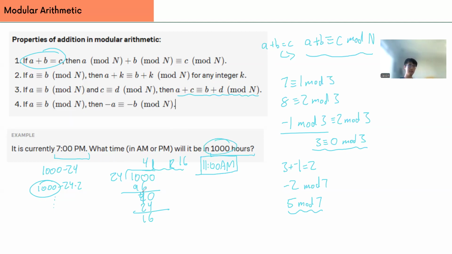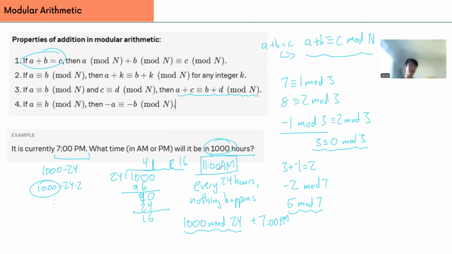Every 24 hours, for the purposes of our problem, nothing happens, so that's perfect for a modular equation. So first we have 1000 mod 24. This added on to 7 o'clock p.m. should give us our answer, and it's indeed the same as up here.